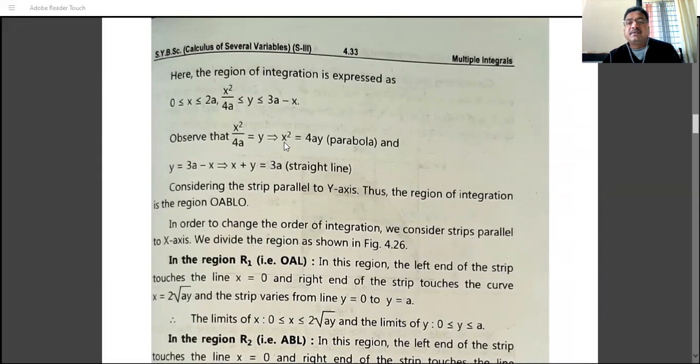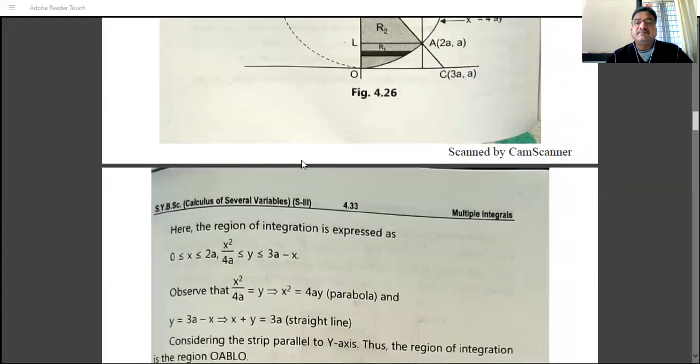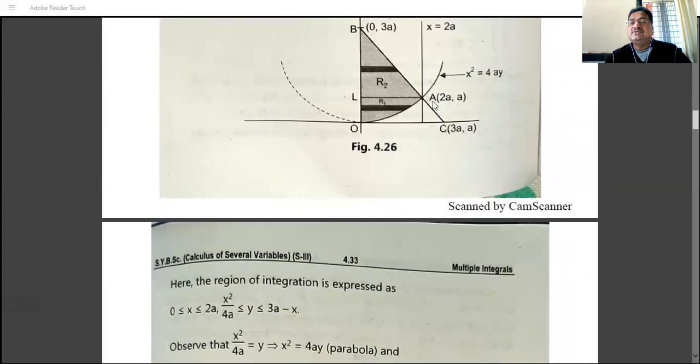That is, substitute here x as 3a minus y, and then its square and solve this. We have the answer of x is 2a and y is a. So this is the point of contact. And this x is equal to 2a is the line passing through this point also, because this is distance 2a, and this x is equal to 2a is at a distance 2a from y-axis.